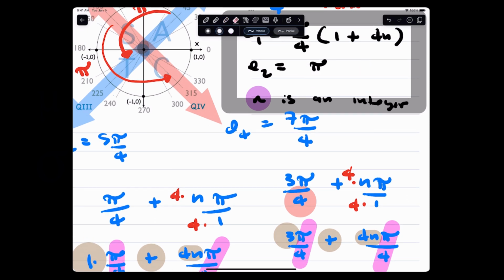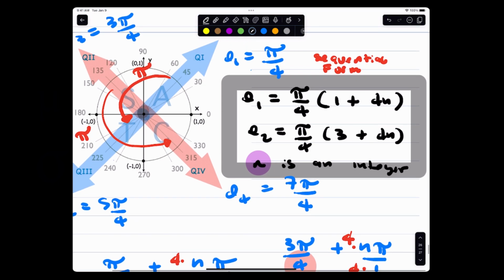So, ladies and gentlemen, here's the last one. Pi over 4 now, 3 plus 4n. So, ladies and gentlemen, n is your integer value. This is now in sequential form.